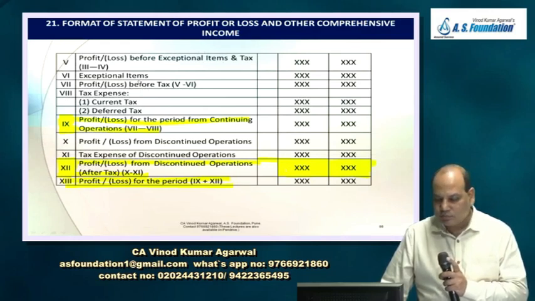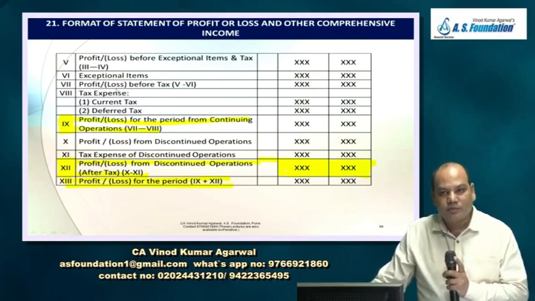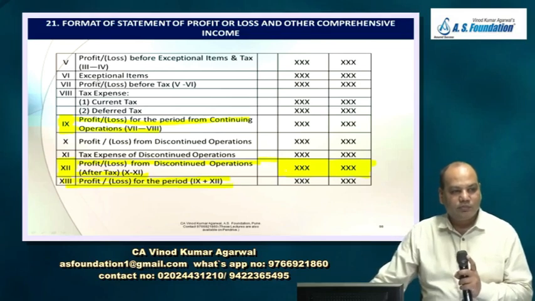Standard, there is no standard, but this is the format given in the IND AS format issued by the government. So maybe that IFRS or IND AS, IAS 10, IAS 8, sorry, accounting policies, or you can ignore it also.